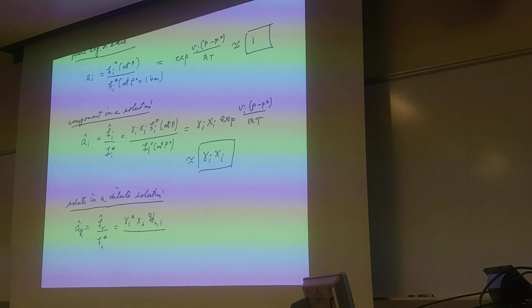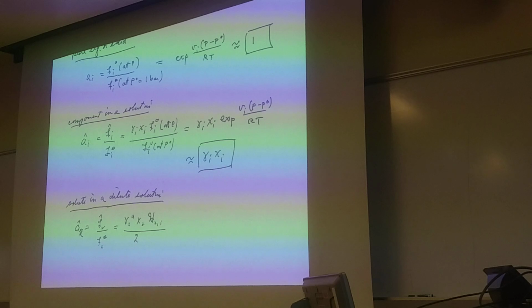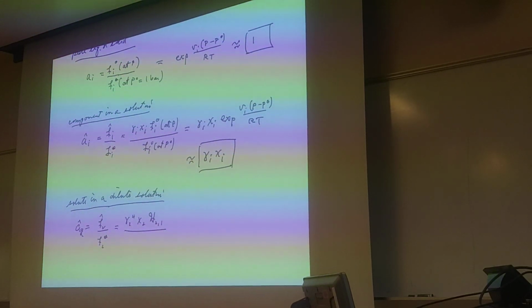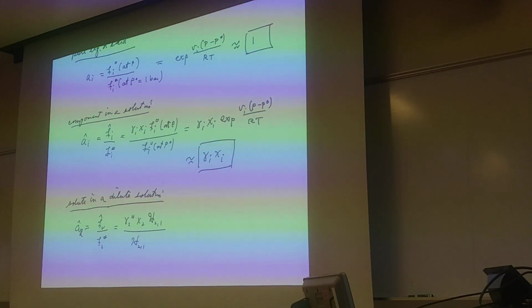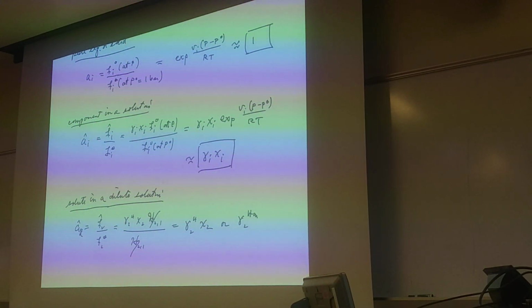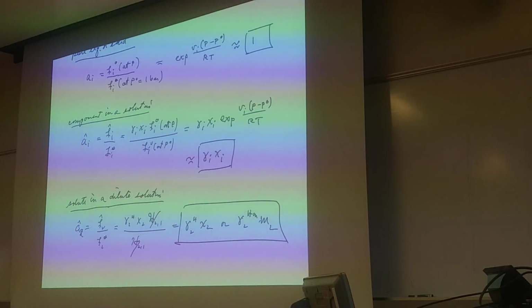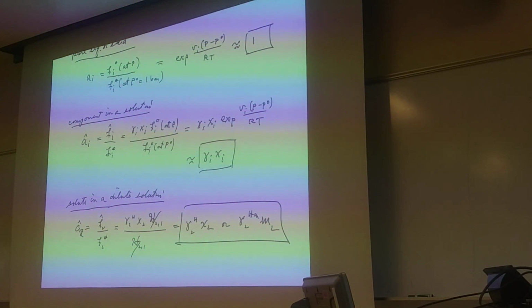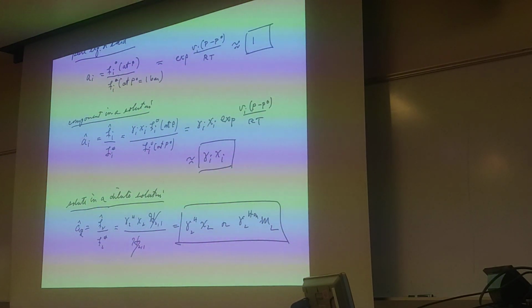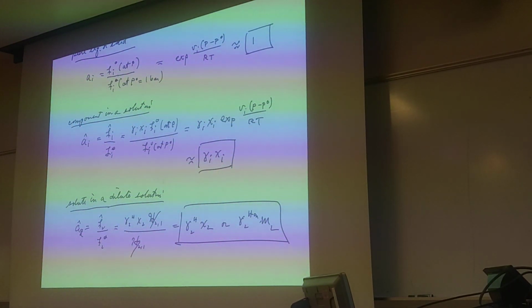But the fugacity in the standard state is Henry's constant, so these cancel out and I get gamma 2H times x2. Or I could have gamma 2Hm times m2. So it could be either of those things. So here you have the complete list of the definitions of the standard states, how we calculate the fugacities in the standard states, and then ultimately the activities.